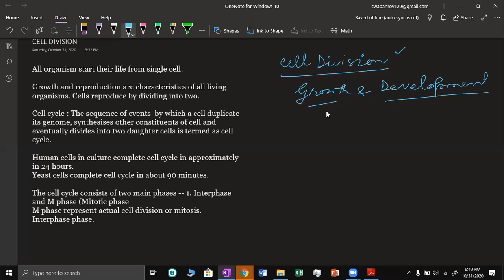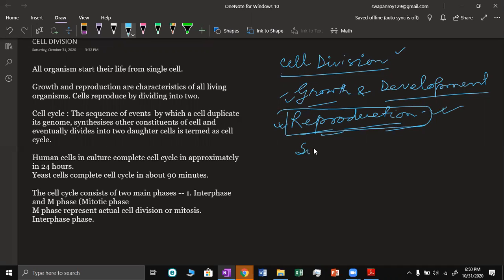Along with that, all living organisms have several other important characters. One of them is growth, and the other is reproduction, by which the organism or the species increase their number and maintain themselves on this planet. By reproduction, they produce similar organisms.